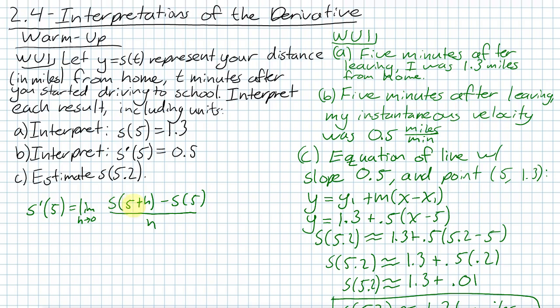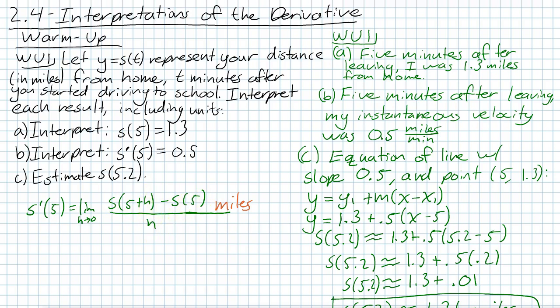So the units of s of 5 plus h minus s of 5, that's a change in your distance from home. So the units of this is miles in the top, and the units of h represents input into the function. So you have a number of miles in the top, and the input into the function is minutes.